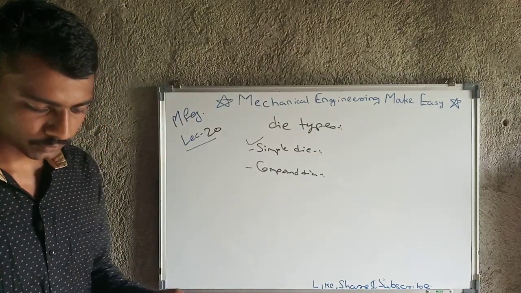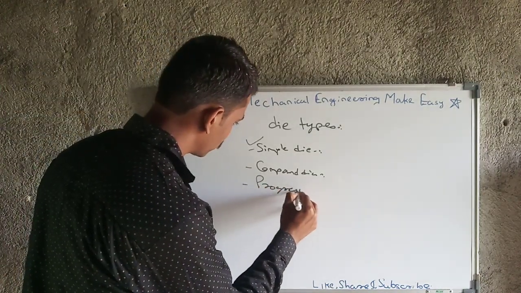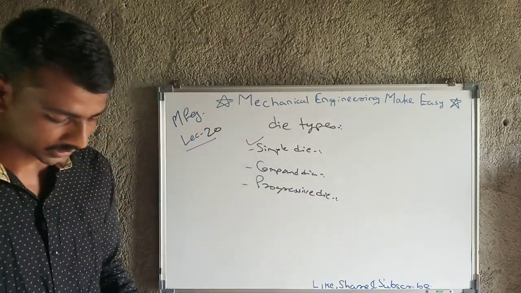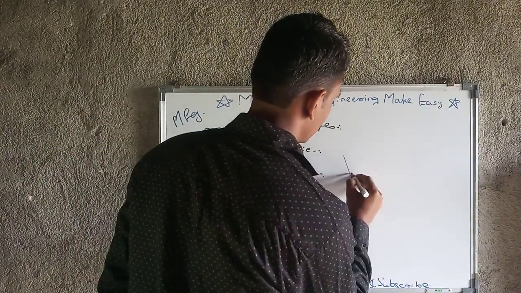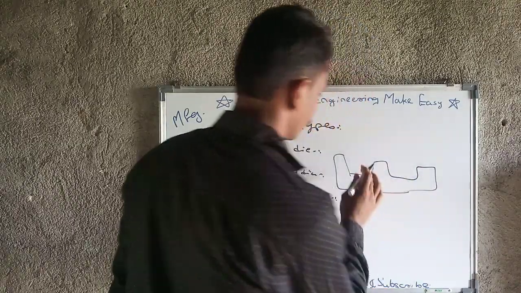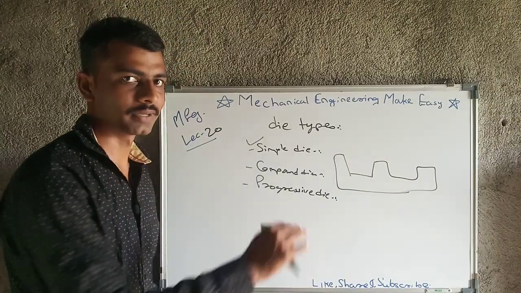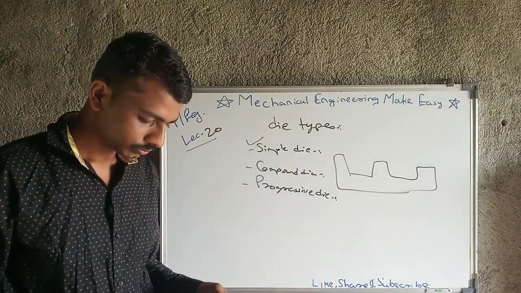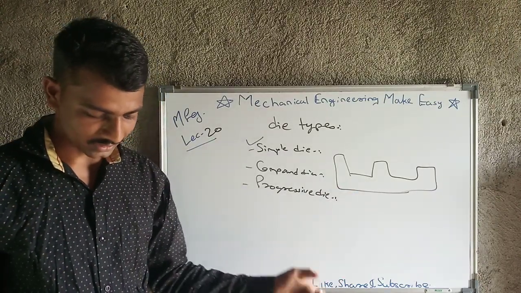What is a progressive die? A progressive die is nothing but a series of stations. For example, this is one die: here one operation will be performed, here another operation will be performed. Likewise, a series of operations we can perform, with a series of stations and a different operation at each station.